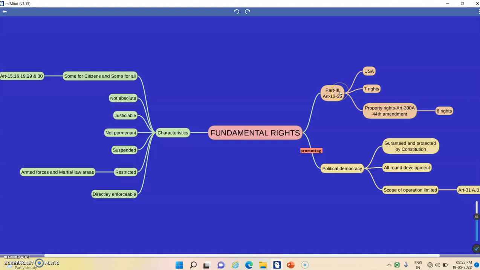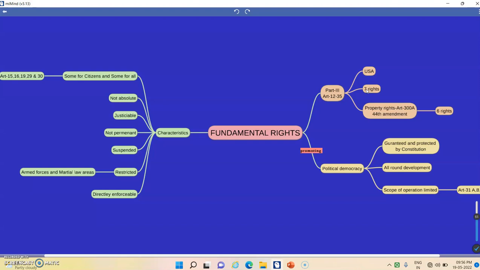As we all know, originally we had 7 fundamental rights in the Indian Constitution, which are right to equality, right to freedom, right against exploitation, right to freedom of religion, cultural and educational rights, right to property, right to constitutional remedies.